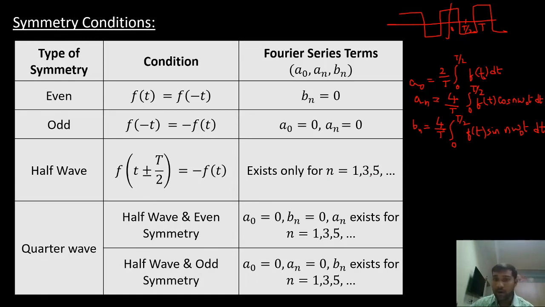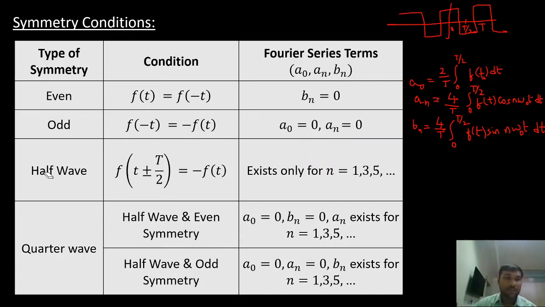That means A naught, A2, A4, and so on, similarly B naught, B2, B4, all of these will be 0. We'll only have A1, A3, A5 and so on, B1, B3, B5 and so on. So that is half wave symmetric.